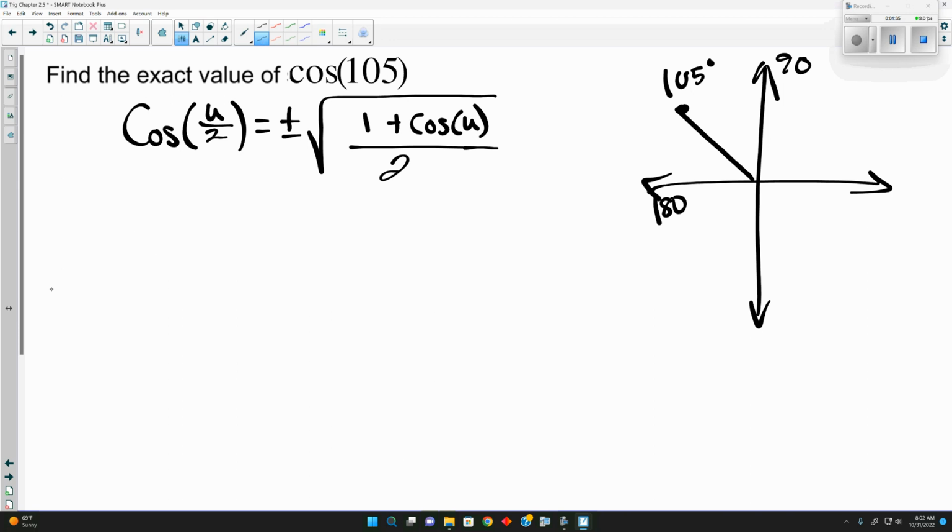So that tells us that cosine is going to be negative, because cosine is negative in the second quadrant.